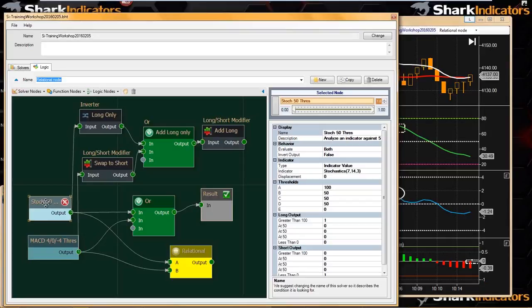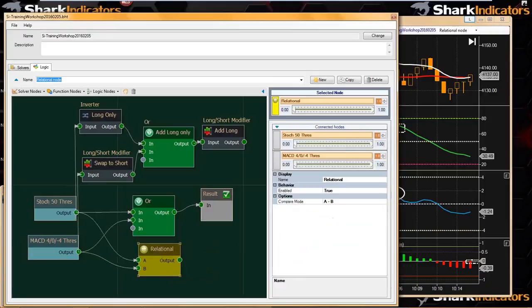So if you're wanting to take a positive value from your indicator and subtract it from a negative value from your indicator, I think the relational node will do that for you, right?